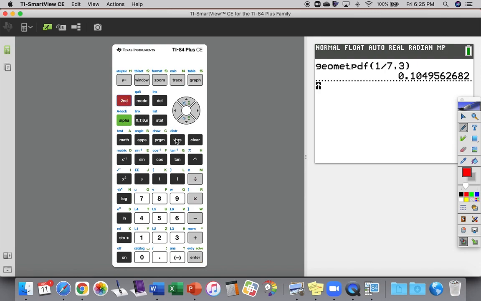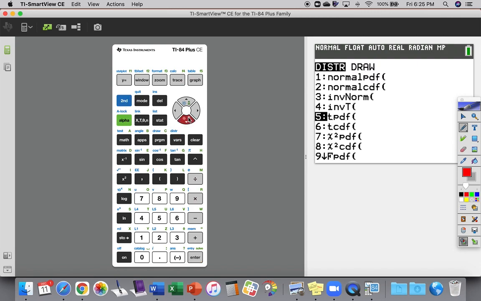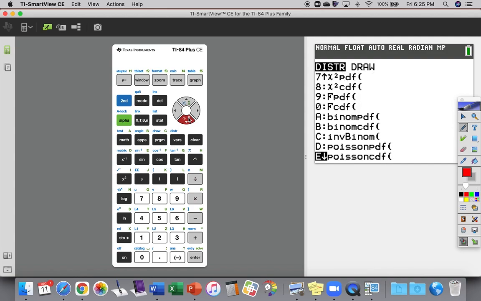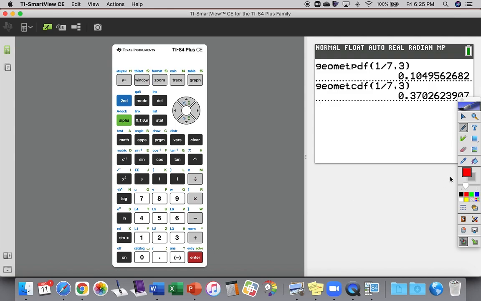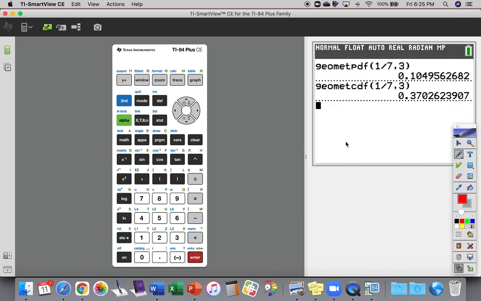Geometric CDF does cumulative, meaning does it happen? Let me do it for you. Geometric CDF, which will always be higher, so 1/7, x value 3. So same numbers I'm putting in. And what is that? I'll tell you what geometric CDF is.